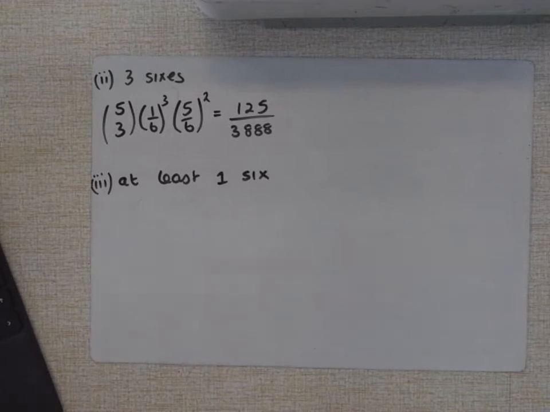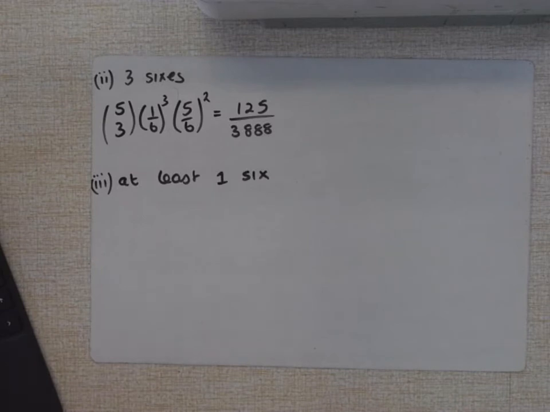So I've 5 trials. I want the probability of obtaining at least 1 six. So what am I looking for? 1 six or 2 sixes. It's at least 1. So 1 six or 2 or 3 or 4 or 5 sixes. That's going to take an awful lot of time.